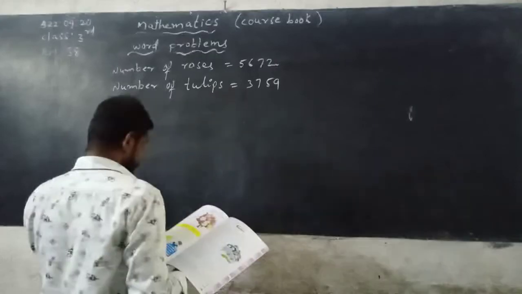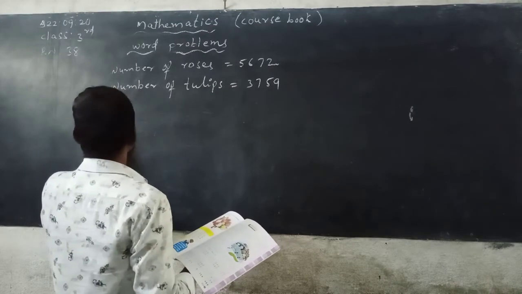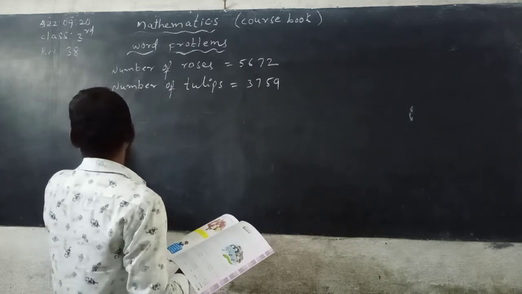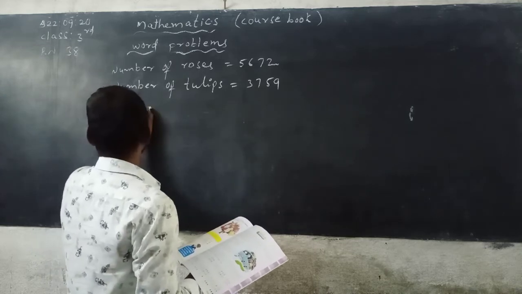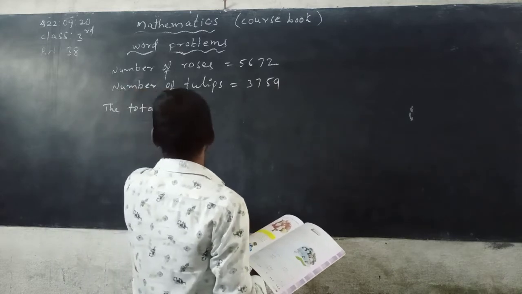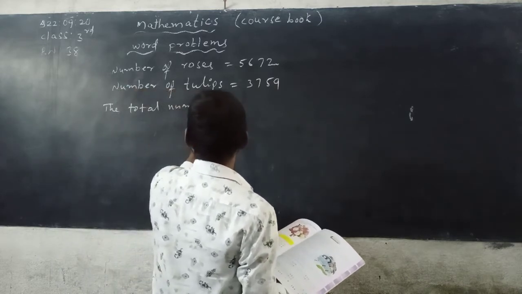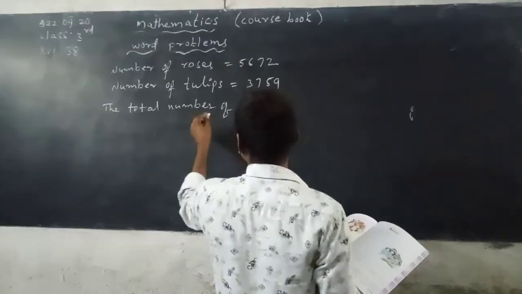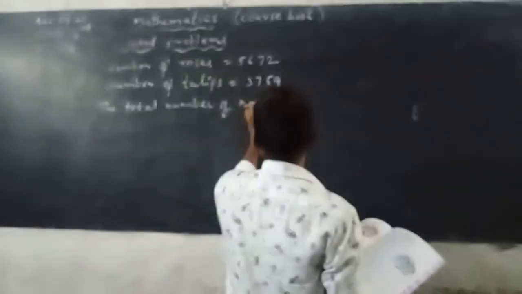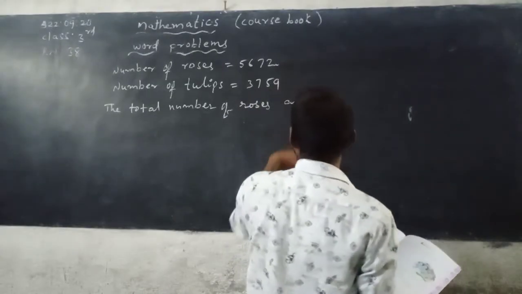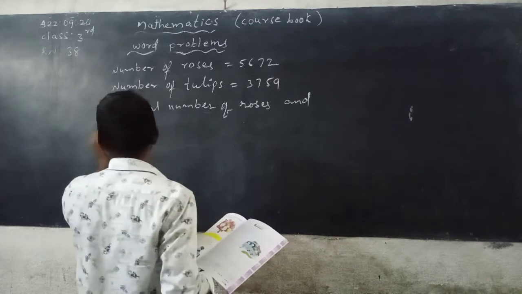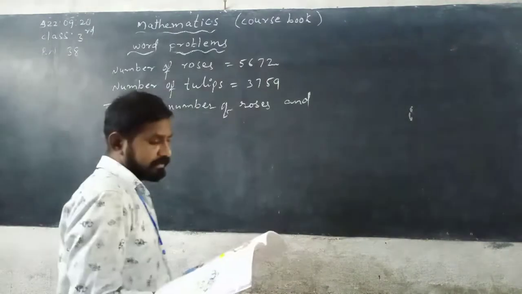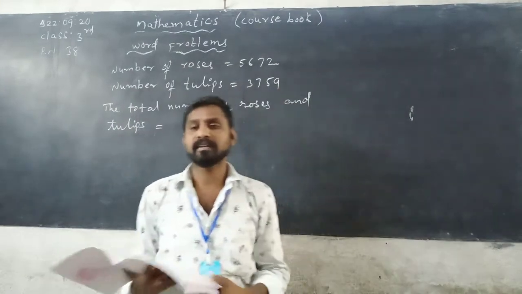See here, the total number of roses and tulips is equals to 5,672 plus 3,759.